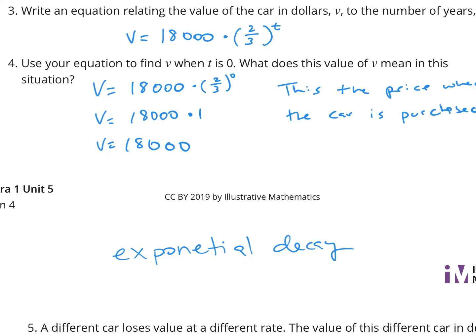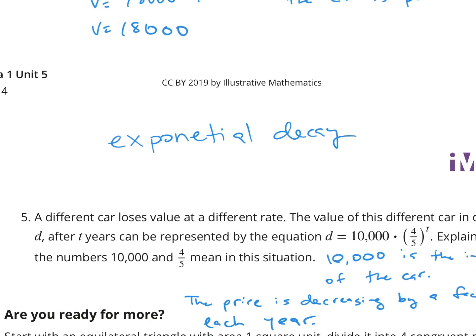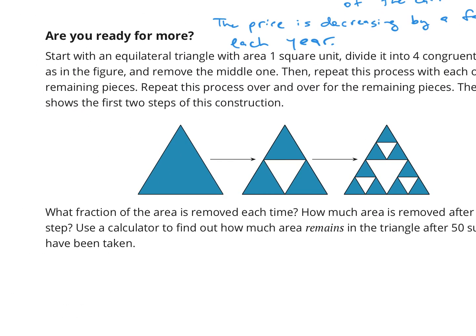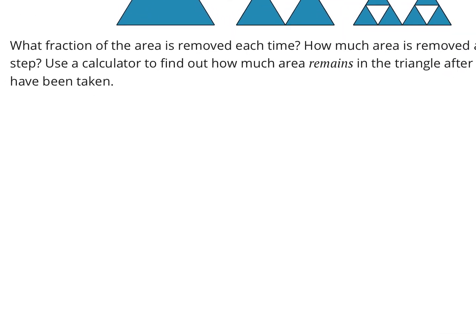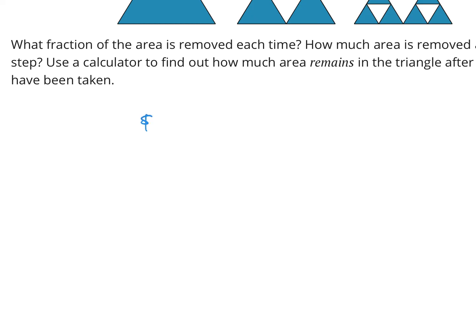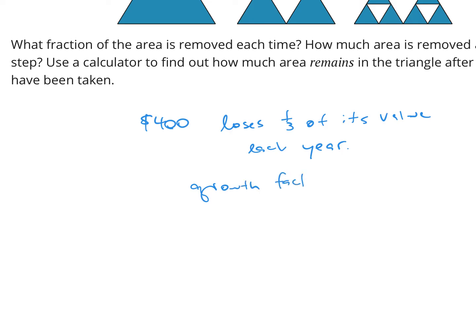So let's suppose that we had a digital camera that was initially worth $400, and it loses a third of its value each year. So the key thing to remember here is that the decay factor or the growth factor is not 1/3.